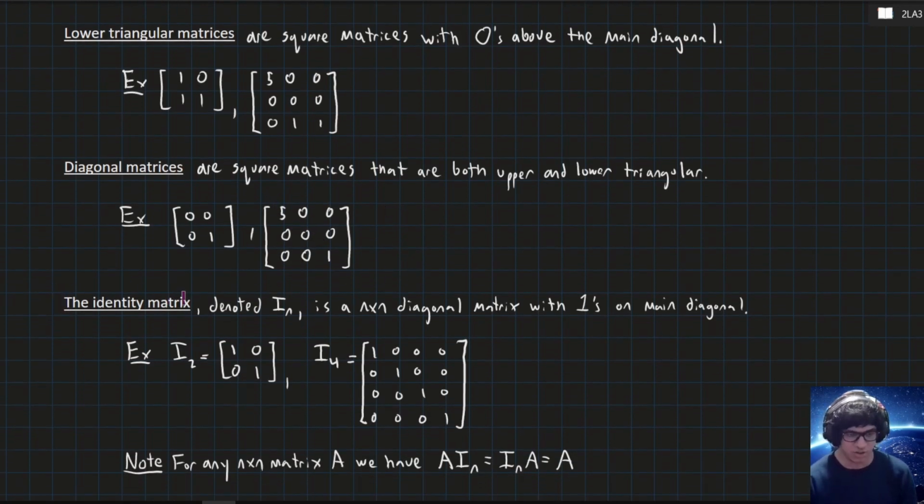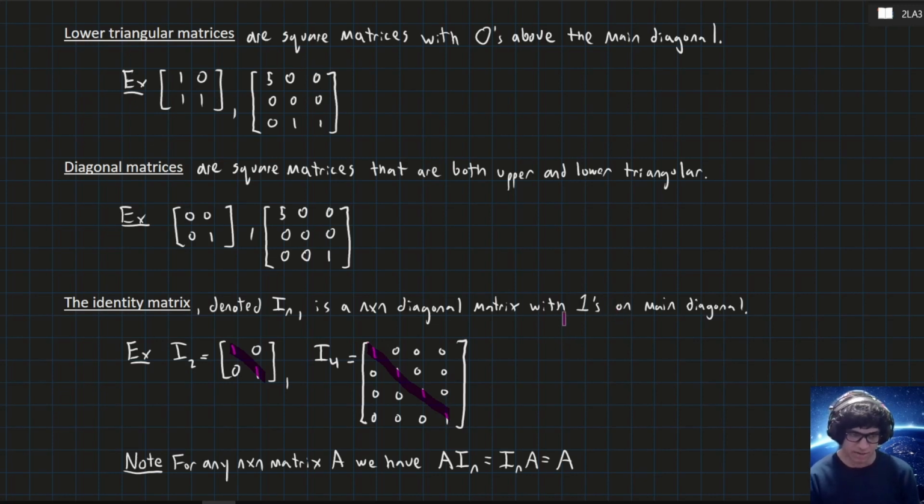The identity matrix, denoted I subscript n, is an n by n diagonal matrix with ones along the main diagonal. So the 2 by 2 identity has ones along the main diagonal, zeros elsewhere. The 4 by 4 looks like this, and so on.